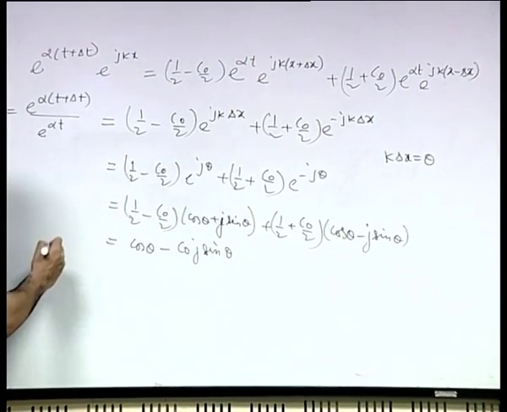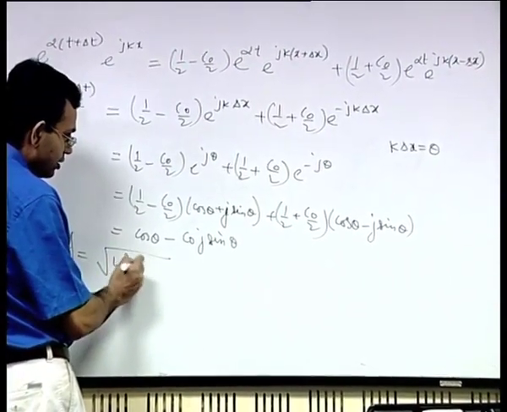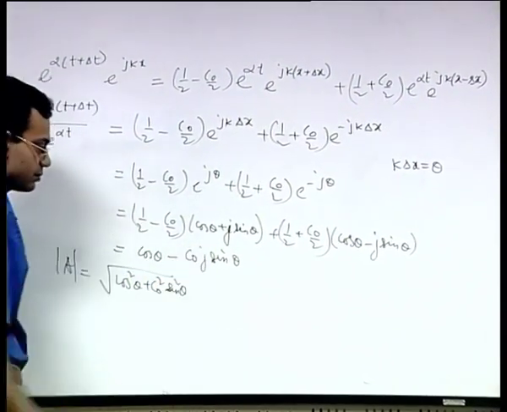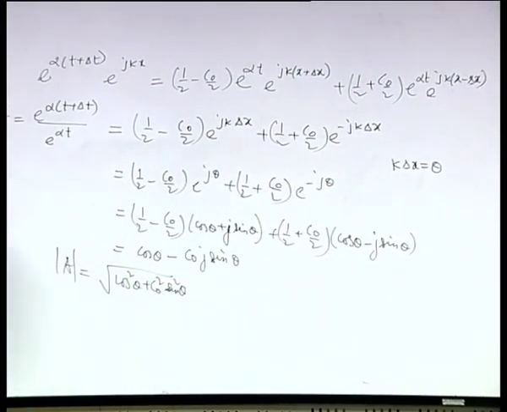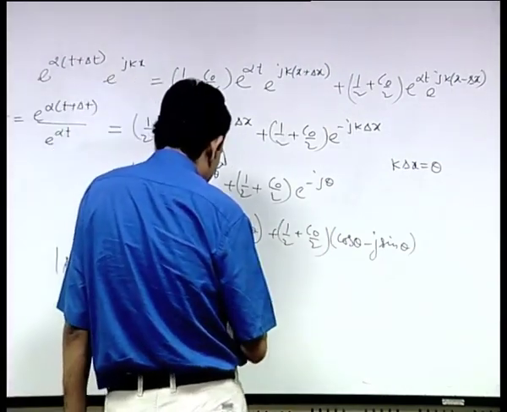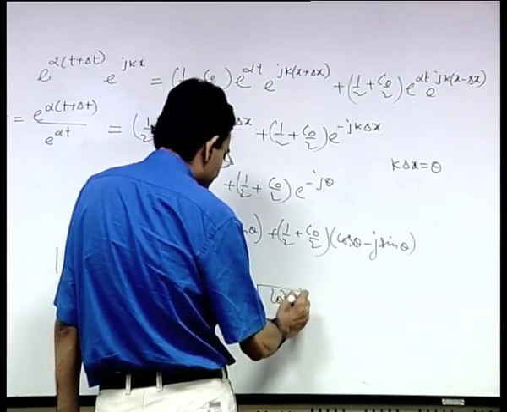So, the amplitude of A is square root of cos square theta plus Courant square sin square theta. This must be less than 1 for a stable scheme, and 1 you can write as root over cos square theta plus sin square theta.